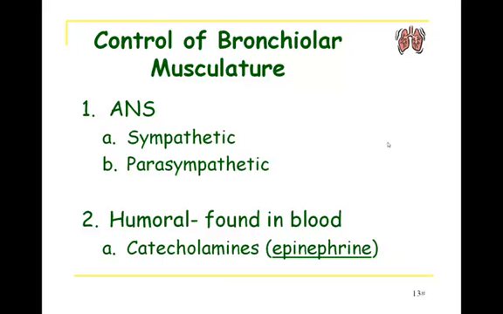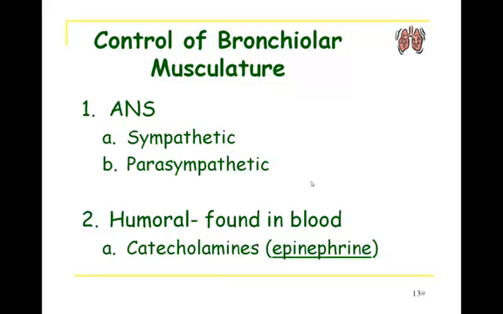The only people who may notice the effects of the parasympathetics are people with maybe emphysema or asthma. They'll notice that after they eat, when they're in more parasympathetic mode, they have a little more constriction and mucus production, so they have a harder time breathing after they eat. I don't notice that because I do not have asthma.